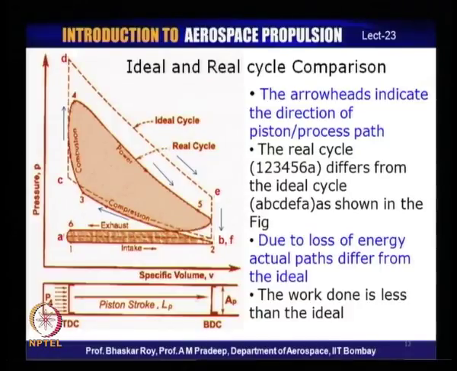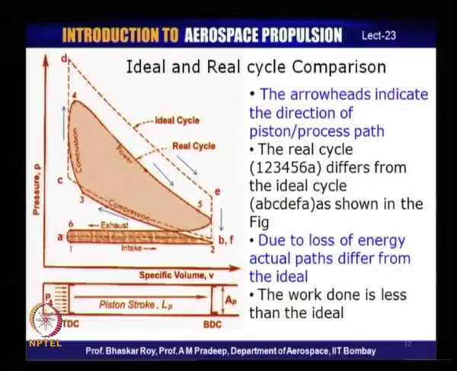This is due to the fact that the work which is being done during the expansion and compression processes quite often are not isentropic. You remember, we had assumed that the processes are isentropic, and as we shall see as we move along more and more, these processes cannot be isentropic. Quite often they can indeed be adiabatic, they can be pretty closely adiabatic, but quite often they are unlikely to be reversible processes.